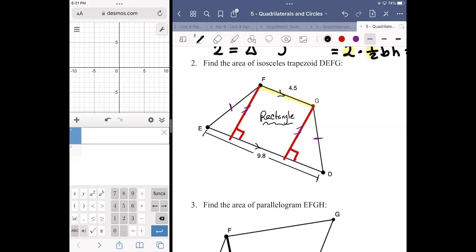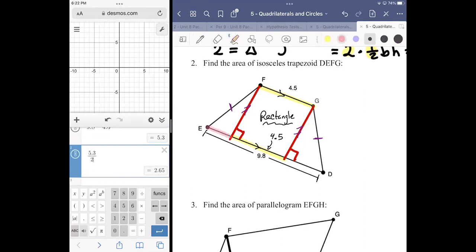The rectangle part of it's going to allow us to apply the Pythagorean theorem. So I know now that this side here has to have a length of 4.5. If I do a quick 9.8 minus 4.5, we get 5.3. 5.3 split among the two fringes there would give us two little line segments here.